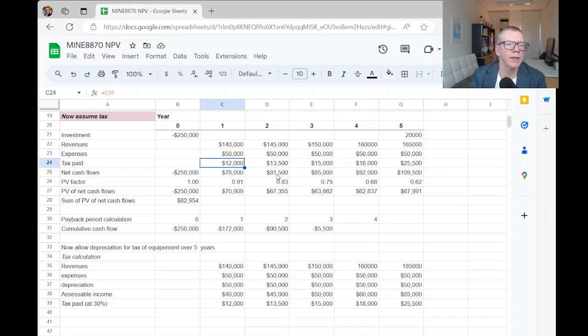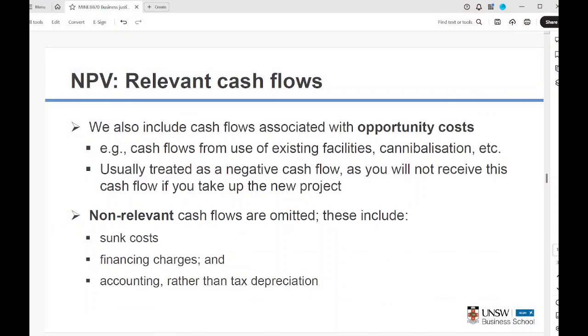So again, we now get our net cash flows, taking into account the amount of tax that we're paying, multiply that by our present value factor, and that will give us the present value of the net cash flows. We add all of those up, and in this case we get 82,954. So we're still getting a positive NPV, so even taking into account tax, we would be accepting this project.